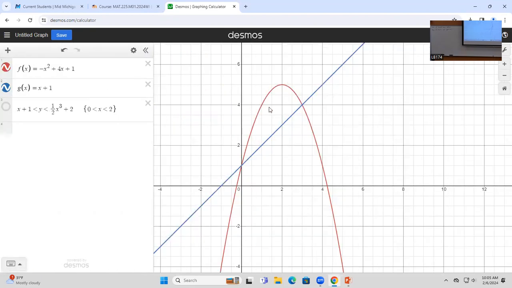And in that section, the quadratic is on top.